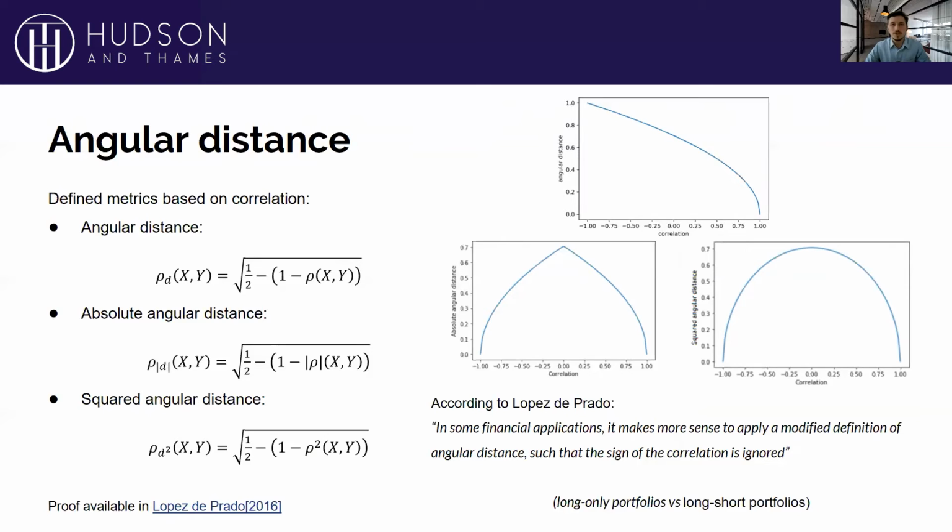The first one treats highly negative correlated elements as very distant, and the last two treat highly negative correlated elements as very, very similar. So the distance between them is actually close to zero.